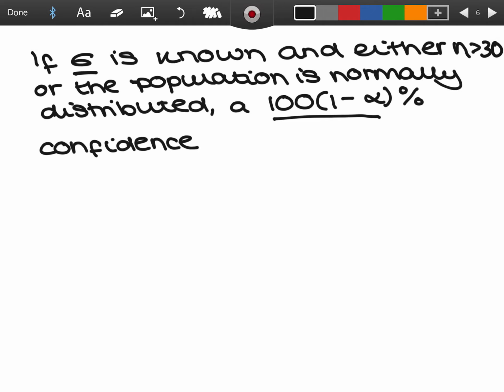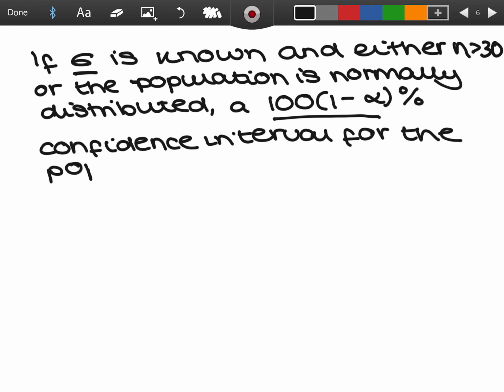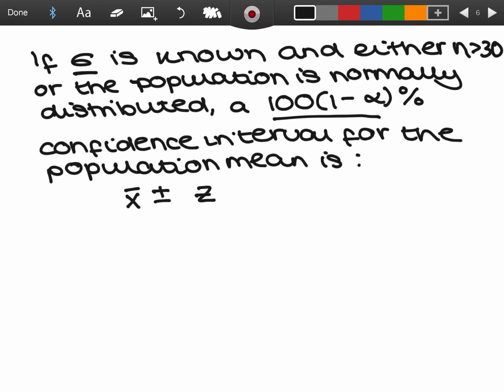So some percentage confidence interval for the population mean is, and here is the formula, and it comes from what we just did. And again, bear with me on the notation, we will talk about it.